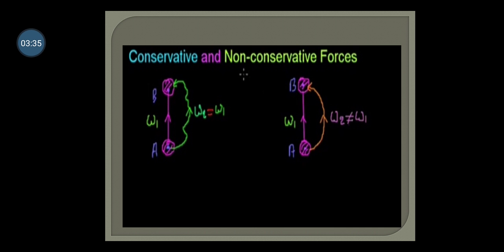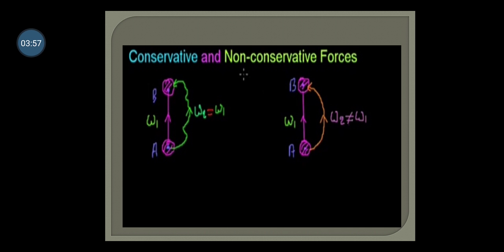When the particle moves from A to B through path second, that is the green line path, then work done is W2. W1 is equal to W2, then force is conservative force.